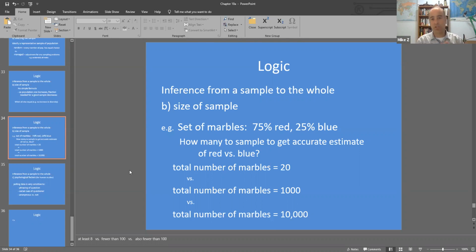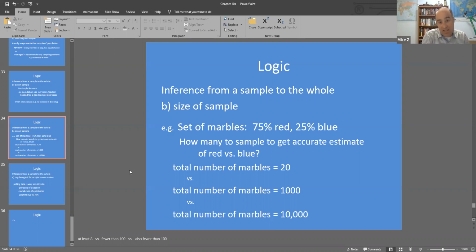If you only took 2 or 3, then there's a chance that all 3 of them are going to be red. In fact, a pretty good chance. And then you would say, oh, all these marbles are red, so it must be that all the marbles in the whole population are red. And you would have missed that 25% of them are blue. Or it could be really weird, and the 3 that you picked just happen to be 3 blue marbles, or maybe 2 of them are blue and 1 of them is red.